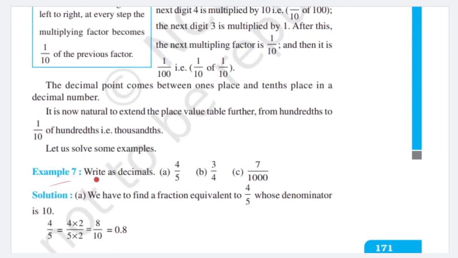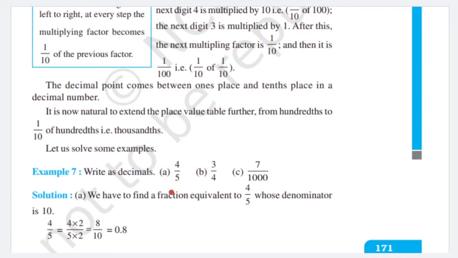Example 7. Write as decimals 4 by 5, 3 by 4, 7 by 1000. First one, 4 by 5. We have a fraction. We have to find a fraction equivalent to 4 by 5 whose denominator is 10. See, always the denominator should be in the form 1 followed by zeros only. So the nearest number like that will be 10 to 5.